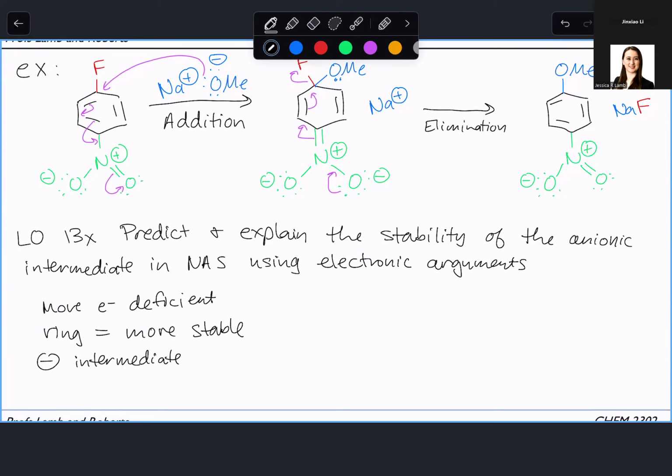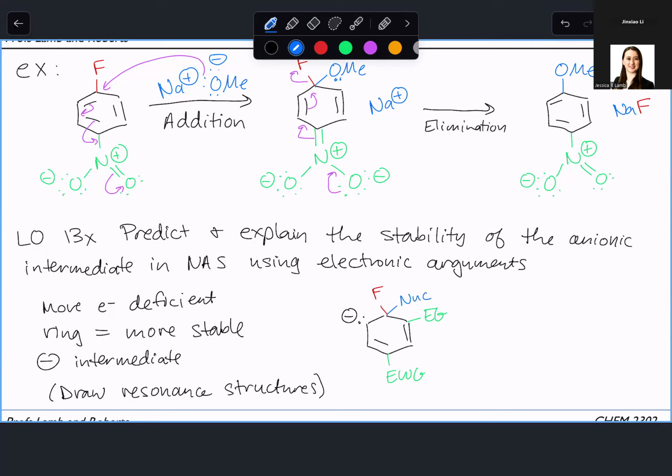So as part of this learning objective, you should be able to draw the resonance structures to show why having a more electron deficient ring leads to a more stable intermediate. So being able to rationalize why having two electron withdrawing groups in the ortho and para positions are going to make a more stable adduct.